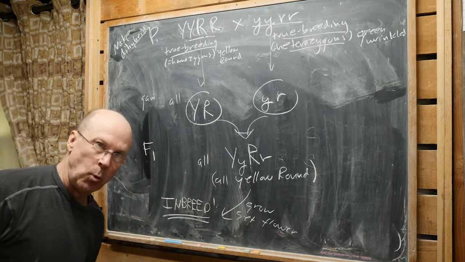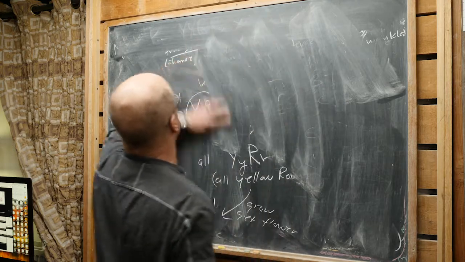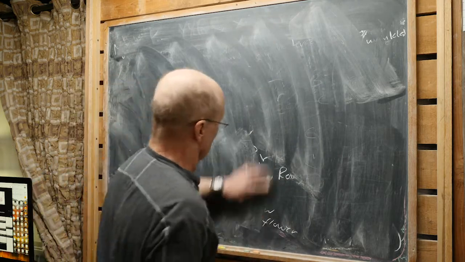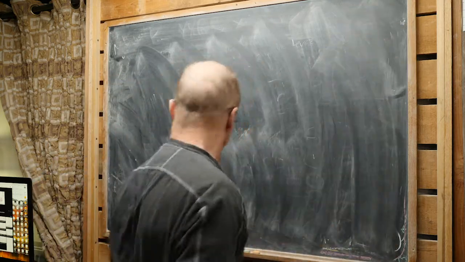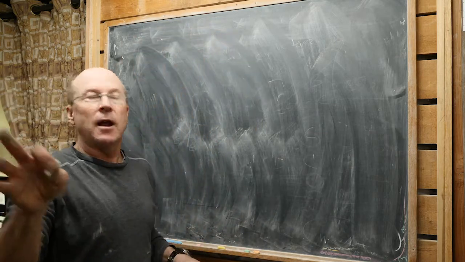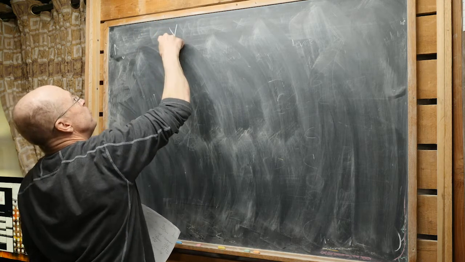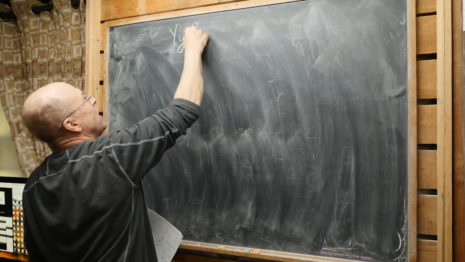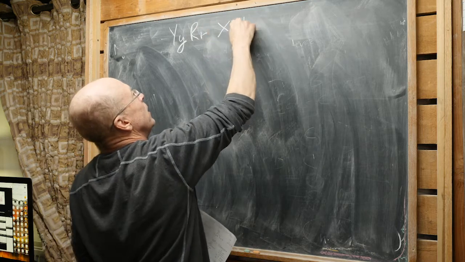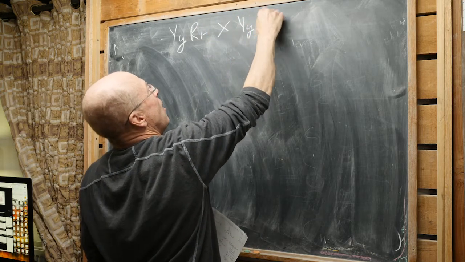So, erasing the board again, we're going to set that up. Okay, so now let's set up where we left off. We're going to do a cross here of big Y, big R, little r, crossed with big Y, big R, little y.